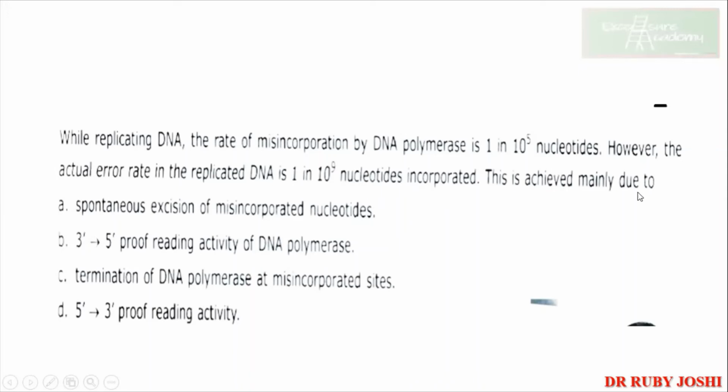First option, spontaneous excision of misincorporated nucleotides. Second, 3' to 5' proofreading activity of DNA polymerase. Third, termination of DNA polymerase at misincorporated sites. And last, 5' to 3' proofreading activity. So what will be the answer?